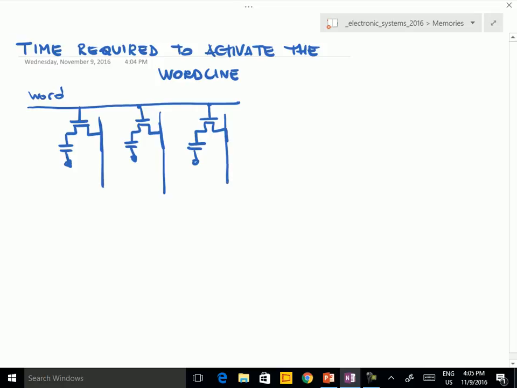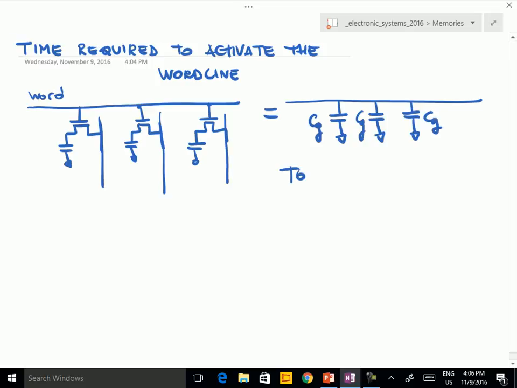So the word line is a conductor connected to a series of gates, each of them has a capacitance with respect to ground. So this is equivalent to having a conductor and then some capacitances, the gate capacitance of each MOSFET connected to ground.